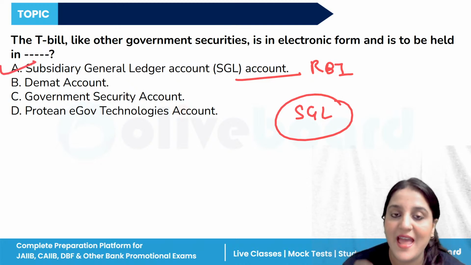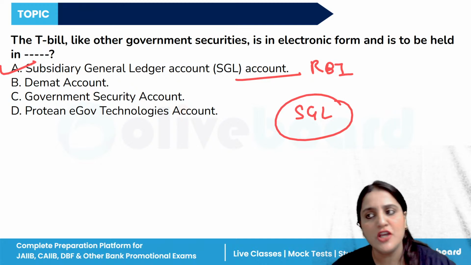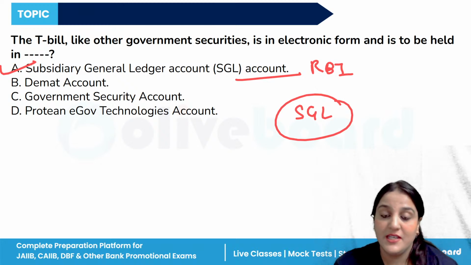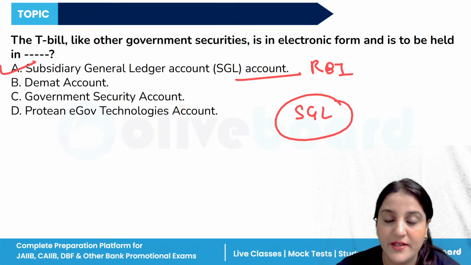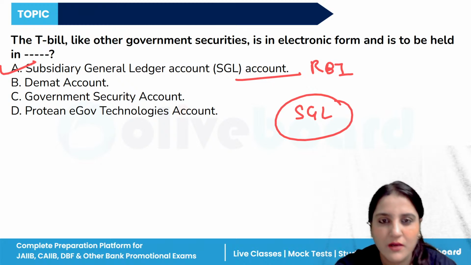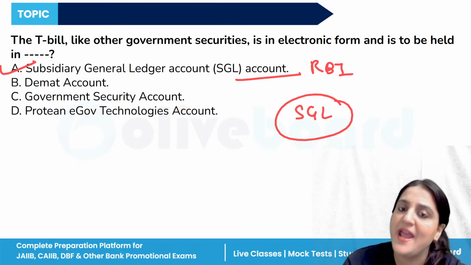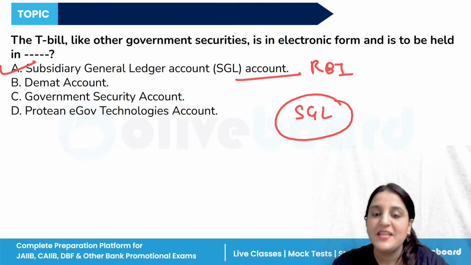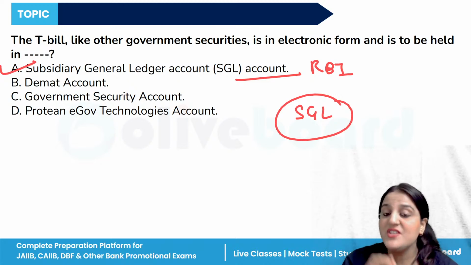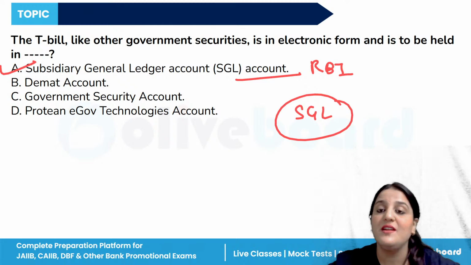Because these T-bills and the other government securities are typically held in SGL accounts, which are used by financial institutions, which include banks and primary dealers, to hold such securities in electronic form. And a quick review about the demat account: while government securities can be held in a demat account, which is applicable for securities generally held by retail investors, these T-bills are specifically held in the SGL account of institutional investors.